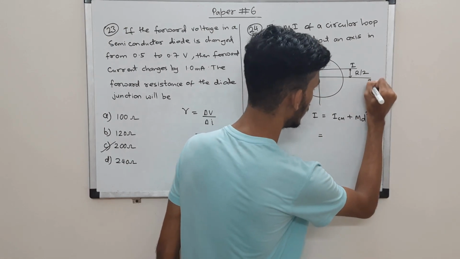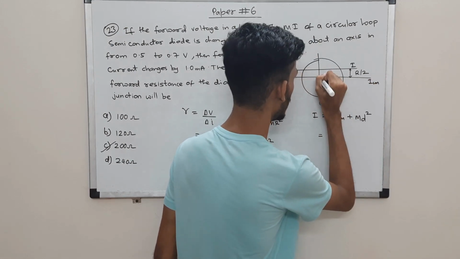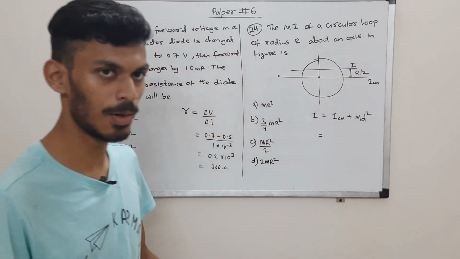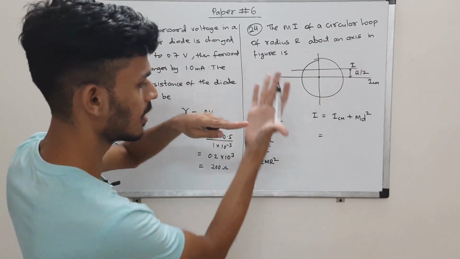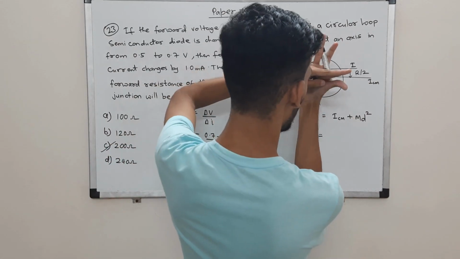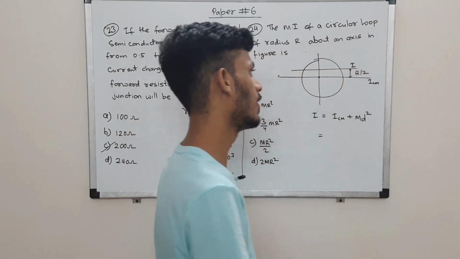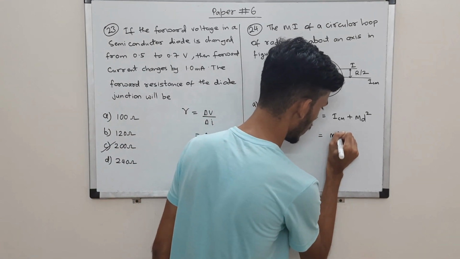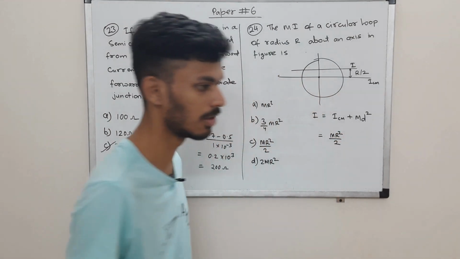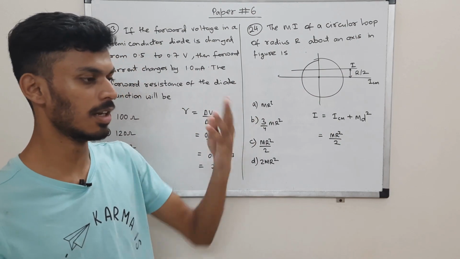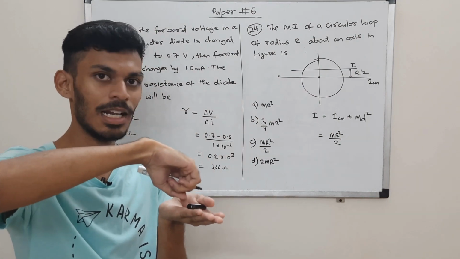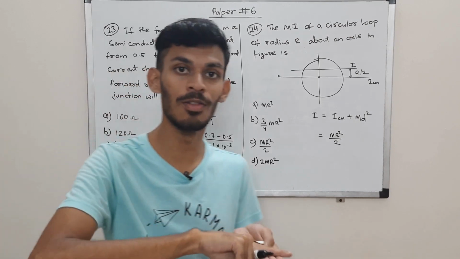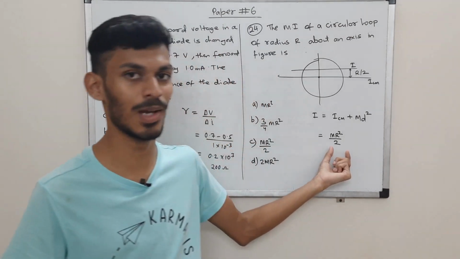Now I_CM will be this, right? This is the center of mass. The moment of inertia about this axis, we have a loop like this, so that will be mr square by 2 if you can remember. The moment of inertia of a ring about the diameter: if the axis is perpendicular to the ring, the moment of inertia is mr square. If it's along one of the diameters, it is mr square by 2.